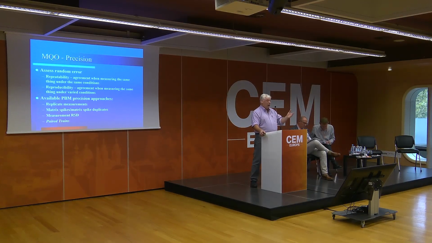Folks really don't like to do paired trains. It doubles the cost, but it really can be important. It's integral to method 30B and is actually part of the data validation requirement. You must meet a paired train agreement requirement. I tried to require paired trains.